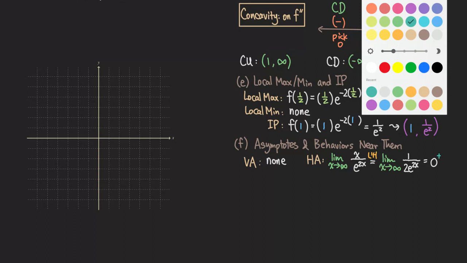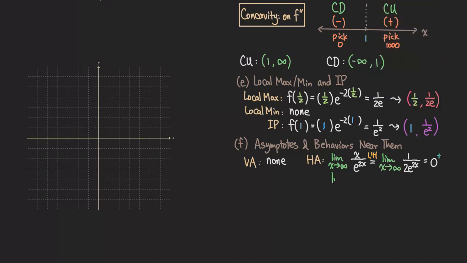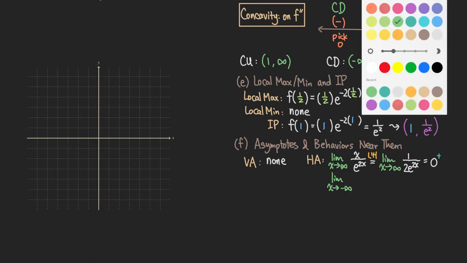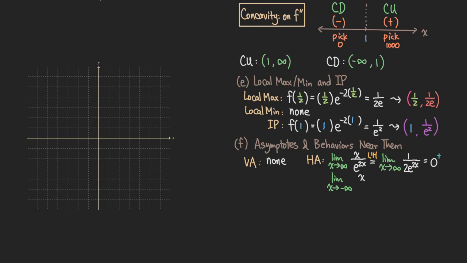So now the other direction for the limit. Negative infinity, where we have the same function here, e to the 2x. And then we can use L'Hopital's rule right here. Right?